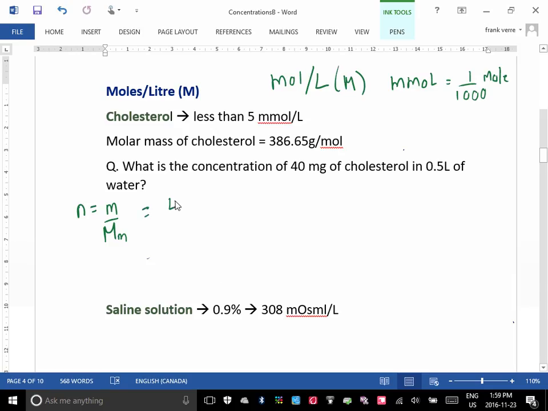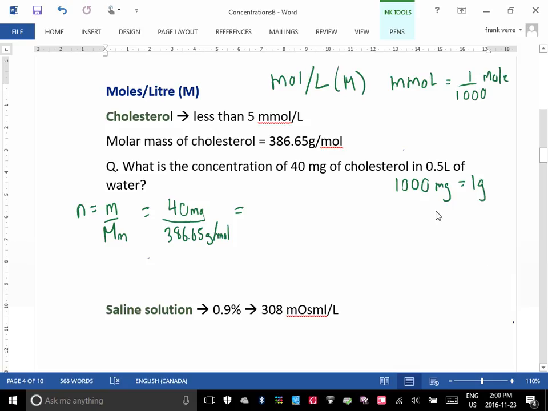Well, it's 40 milligrams over the molar mass. Alright. What's the problem here before we proceed? Right. Milligrams. So 1,000 milligrams is 1 gram.